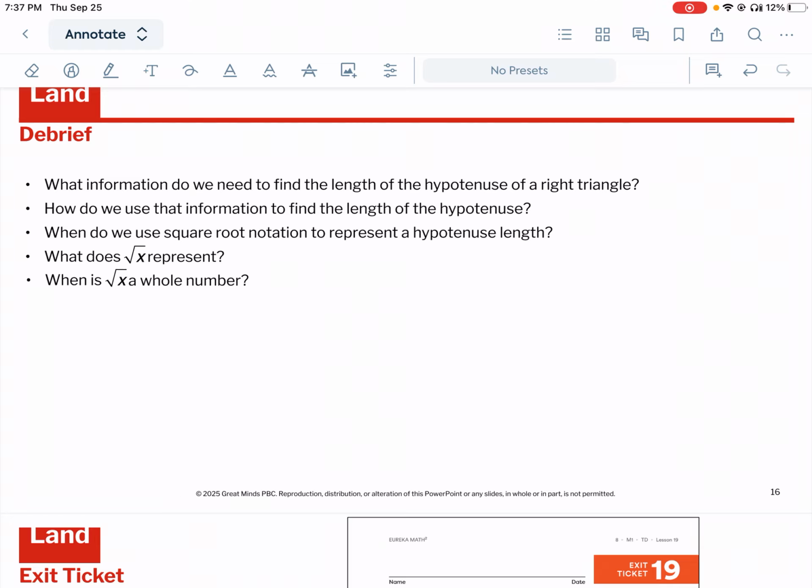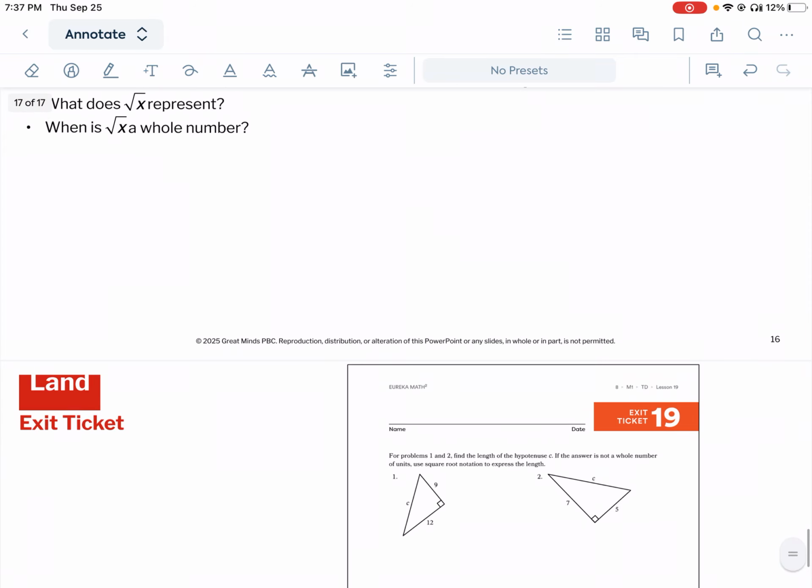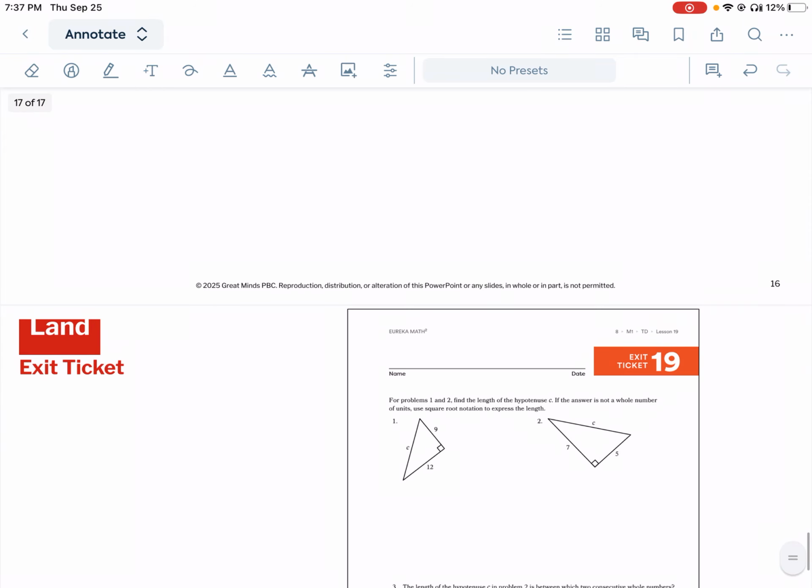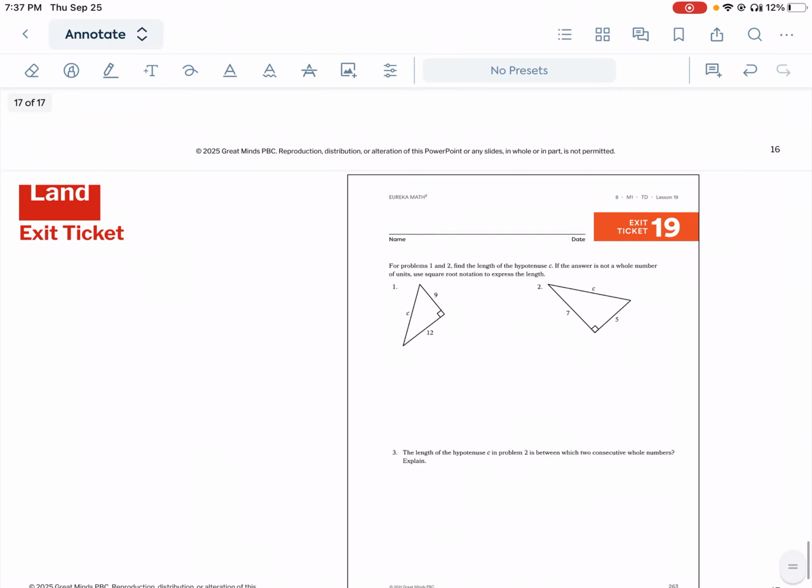All right, you use the square root notation to represent the hypotenuse when you have a value that is not a perfect square. Okay.